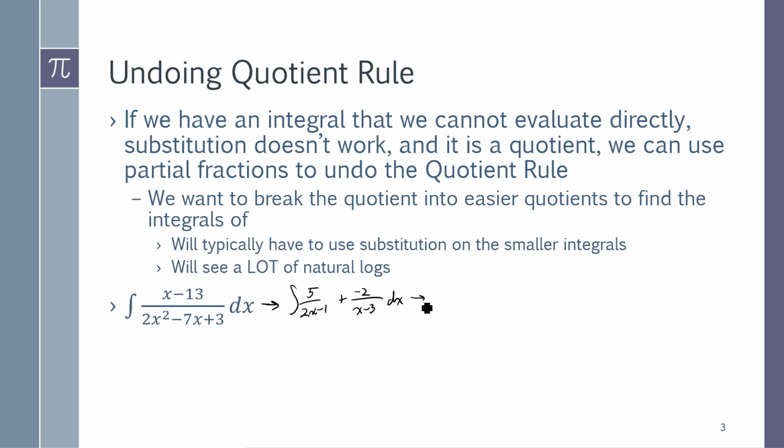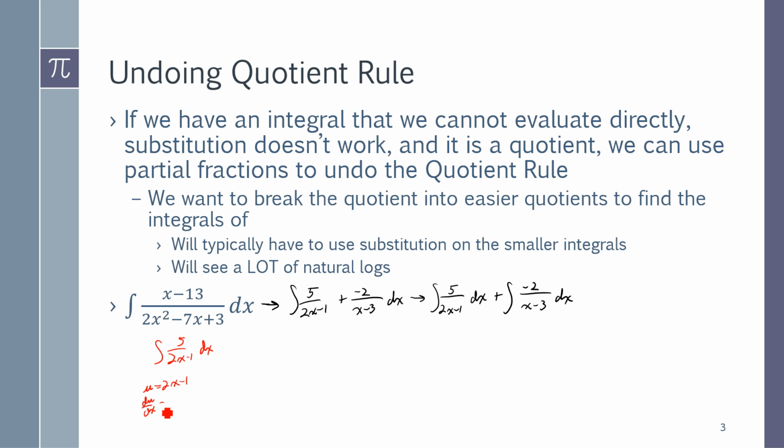And remember, I can break that up into two integrals because of my sum and difference property for integrals. And now I can do these as two separate integrals. With the integral of 5 over 2x minus 1, I don't know that directly, but I think 2x minus 1 is inside of something.